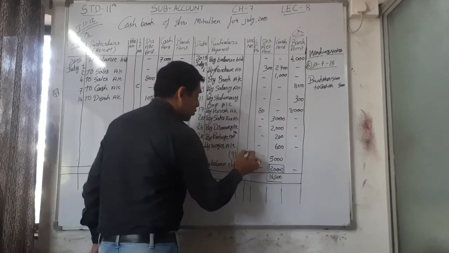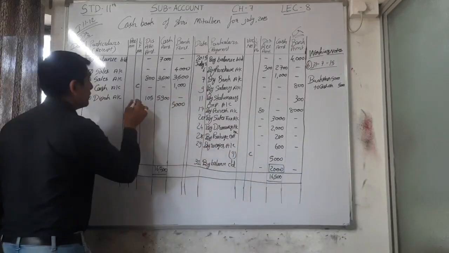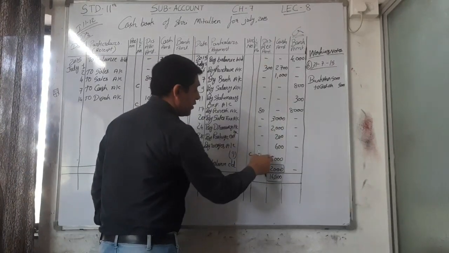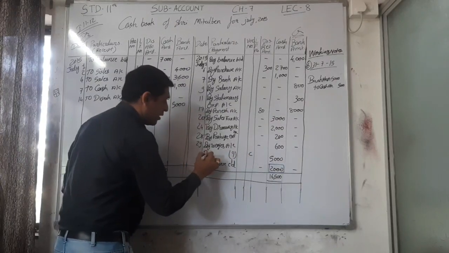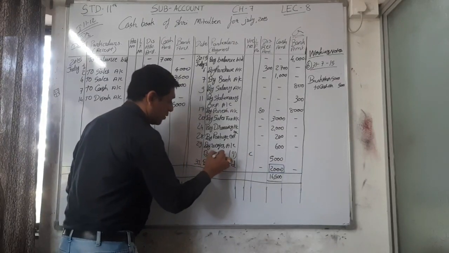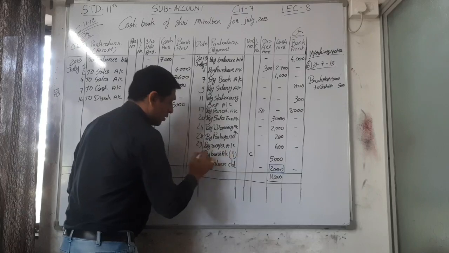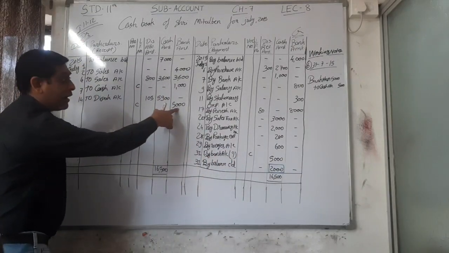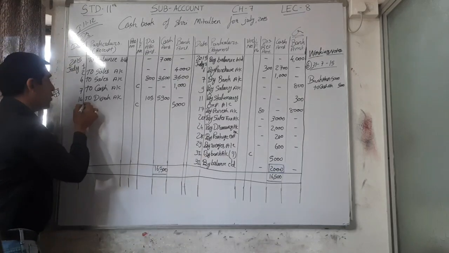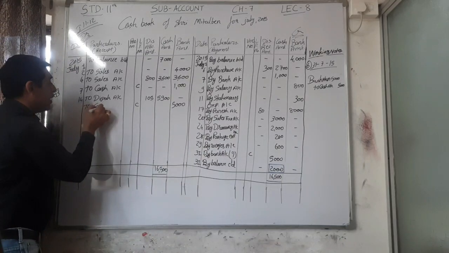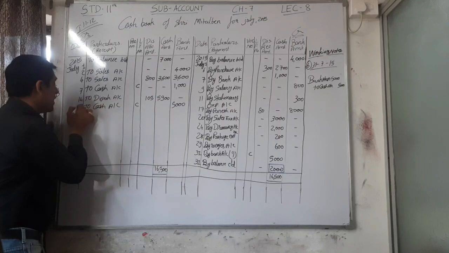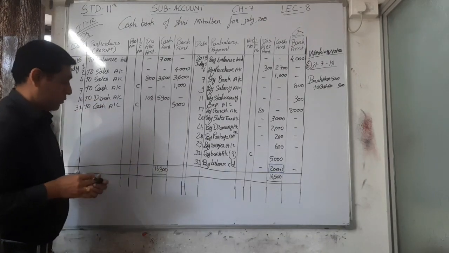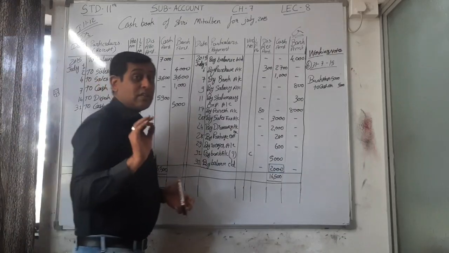Contra entry is there, so we have to write down C. Here in the cash column we have written it, that's why here we write by bank, 31st July, and here in the bank column we write to cash account, the opposite side's name, 31st July. Okay, so this is the transaction.